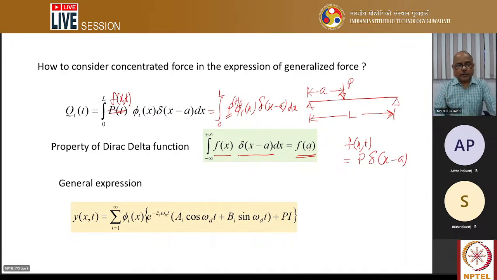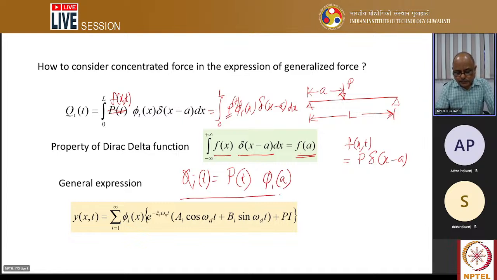Suppose here P is a force and phi(x) is the mode shape function of a beam. Then what we get is Q_i(t). P is a function of t, for example, but phi is a function of x. So x is now replaced by a, and we get the generalized force like that.